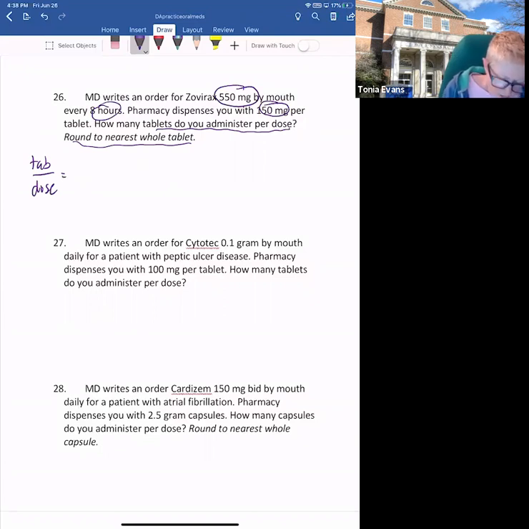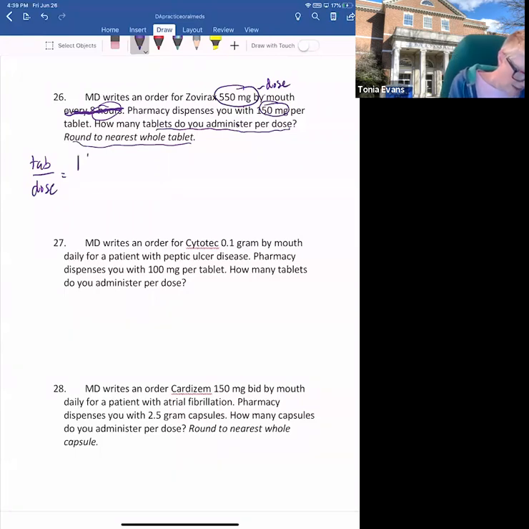Our order is written 550 milligrams every 8 hours, so it's 550 milligrams per dose. That's our dose amount. And 150 milligram tablets, how many tablets per dose? So this 8 hours, we don't actually need that information to figure out the answer to this question, because what we're given is what the question's asking for.